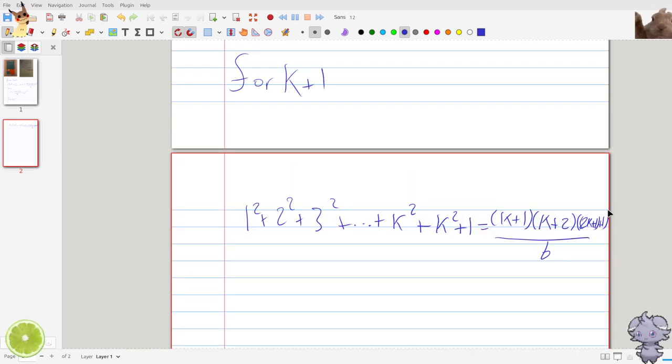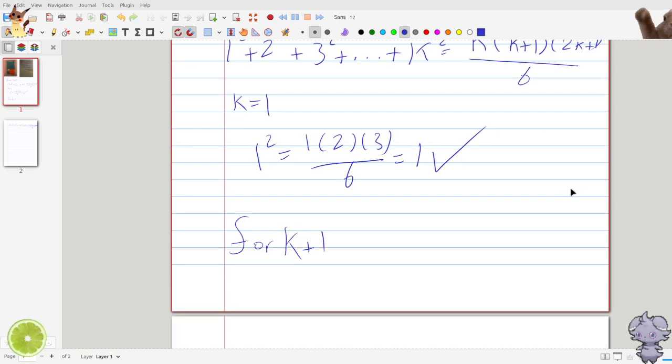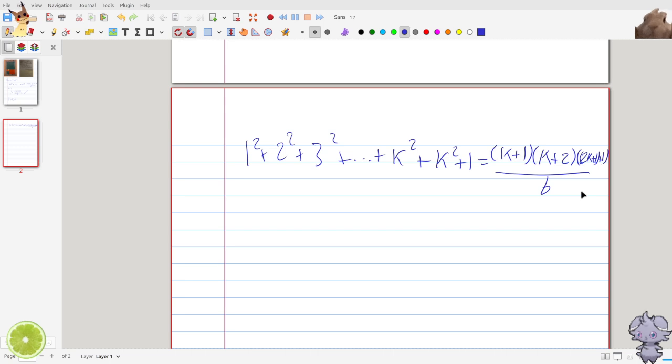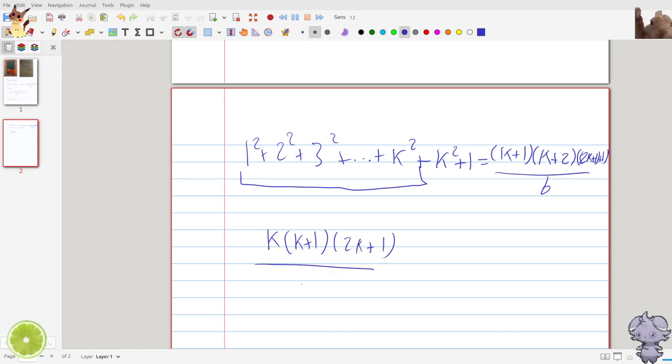So let's start. We assume that this formula is true, so we assume this sum equals k, k plus 1, 2k plus 1, divided by 6. And now we will add the next term, k plus 1, all squared, not just k plus 1. I forgot that, that's a mistake, don't do it.